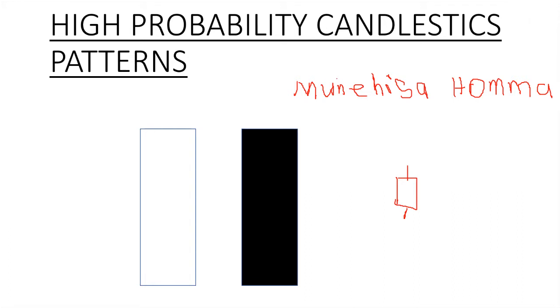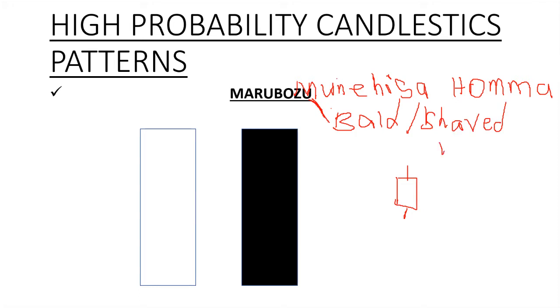The candle we are looking at currently on the screen is called the Marubozu candle. Marubozu is a Japanese word meaning bowed head or shaved head. That's the meaning in the Japanese language.